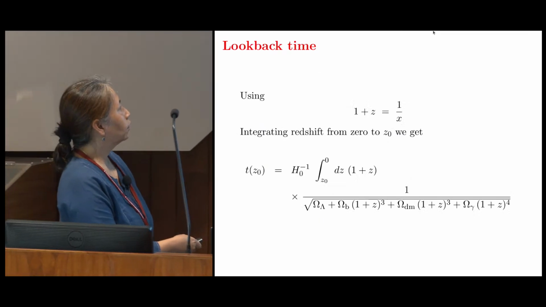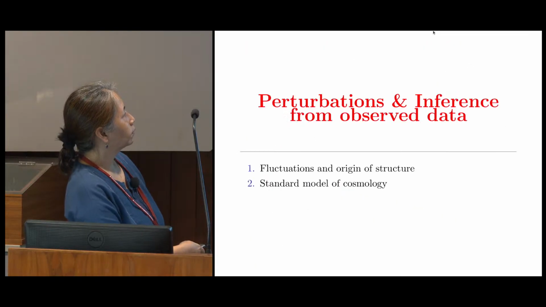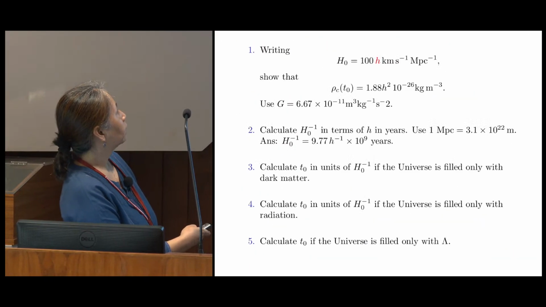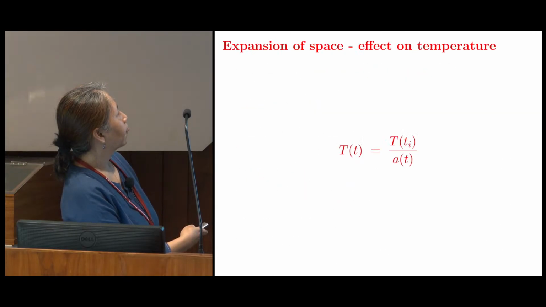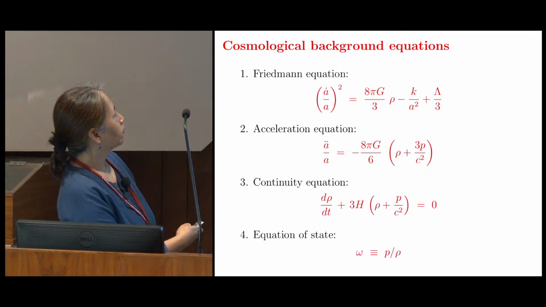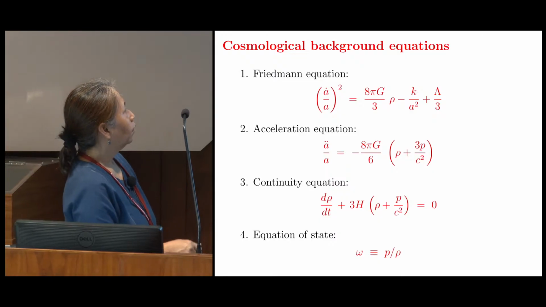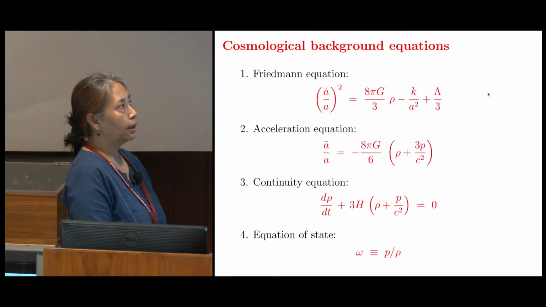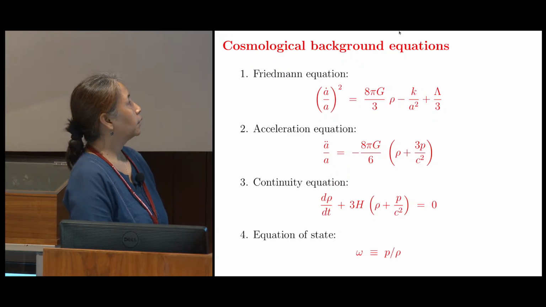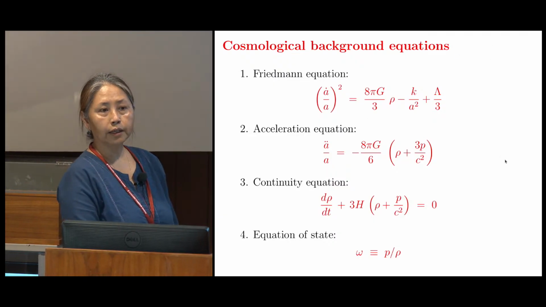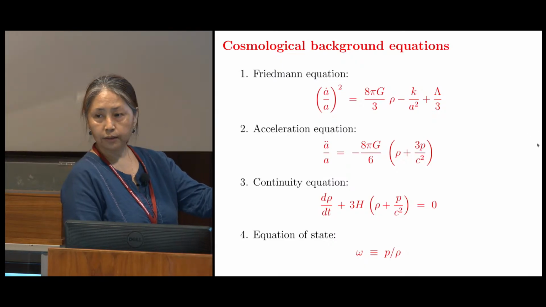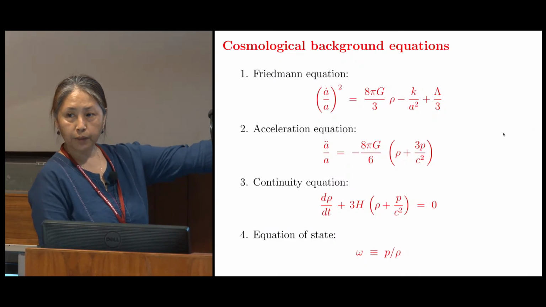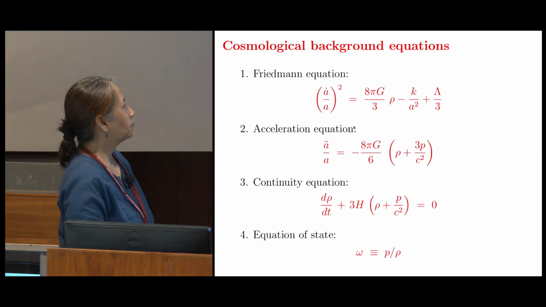So, let me go back to the Friedmann equation. In the Friedmann equation, you take the square root, and of course, we are interested in expansion, so we are taking plus. If you are doing your calculation backward in time, you will take minus. Just keep that in mind.